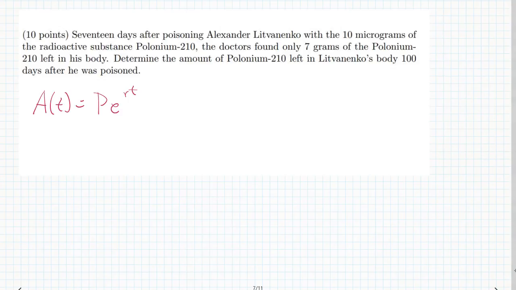Okay, and so we have 17 days after poisoning Alexander Litvinenko with the 10 micrograms of the radioactive substance, polonium-210. The doctors found only 7 grams of the polonium-210 left in his body. Determine the amount of polonium-210 left in Litvinenko's body 100 days after he was poisoned.